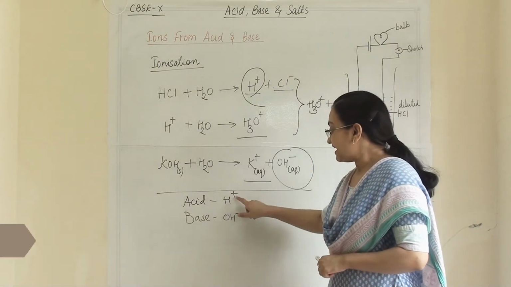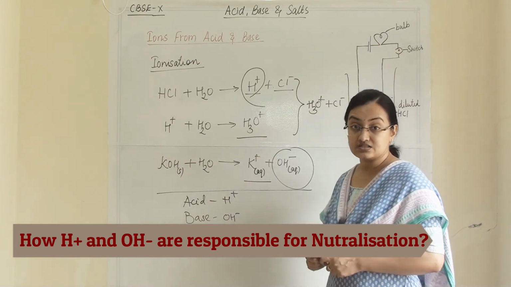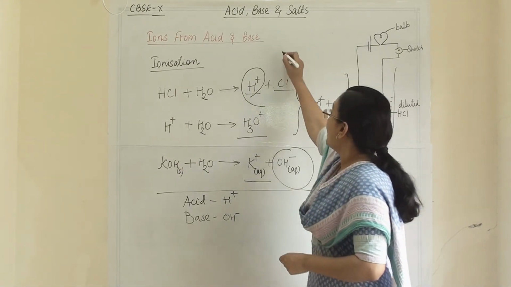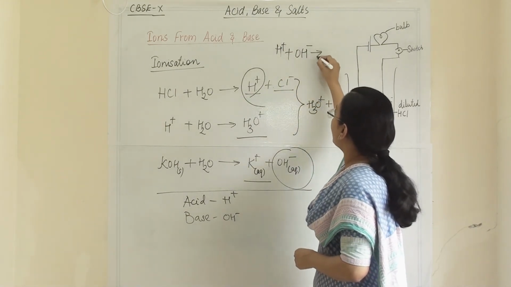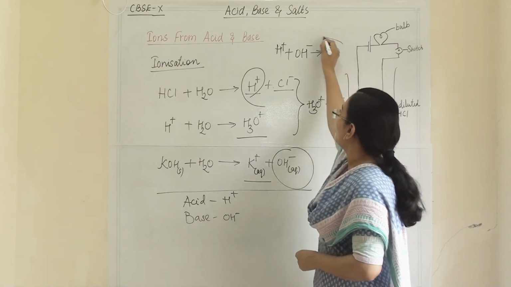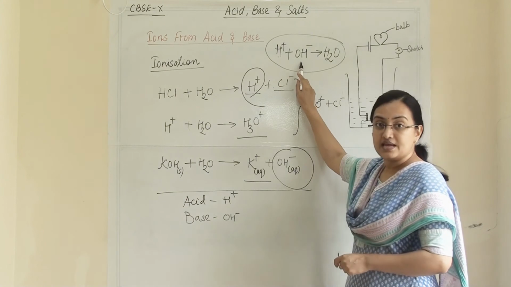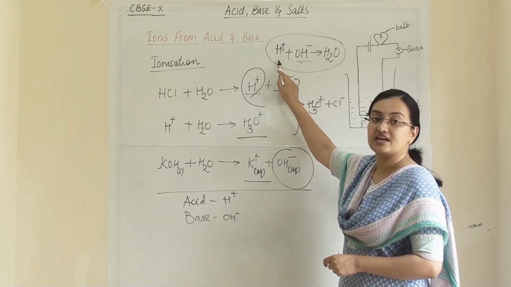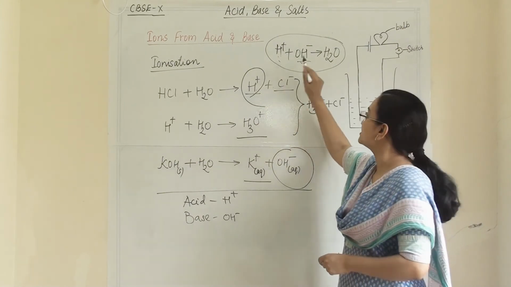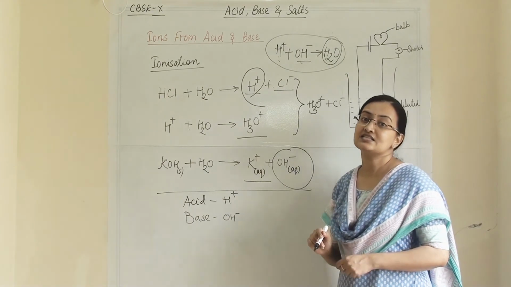Also, we know that acid gives us H plus and base gives us OH minus. So H plus and OH minus will react and give us H2O. This H plus nullifies the basic effect of OH minus, and this OH minus nullifies the acidic effect of H plus, and we get H2O, that is water, which is neutral.